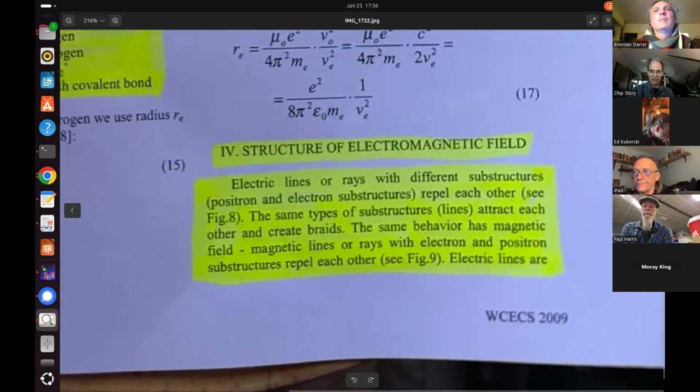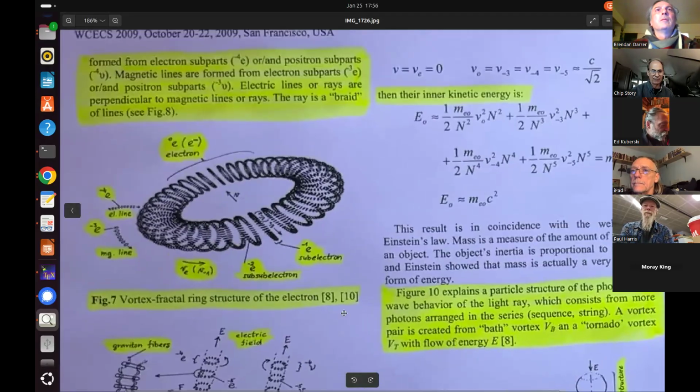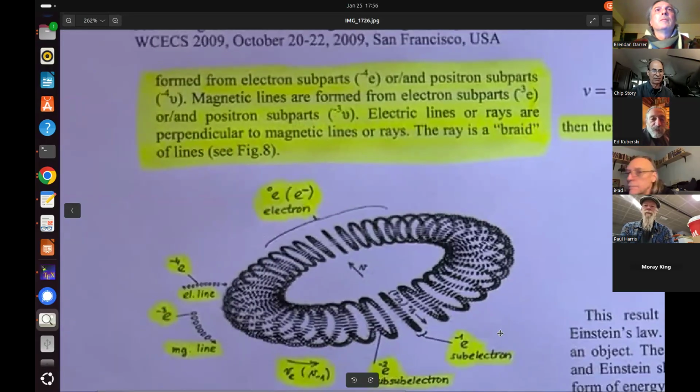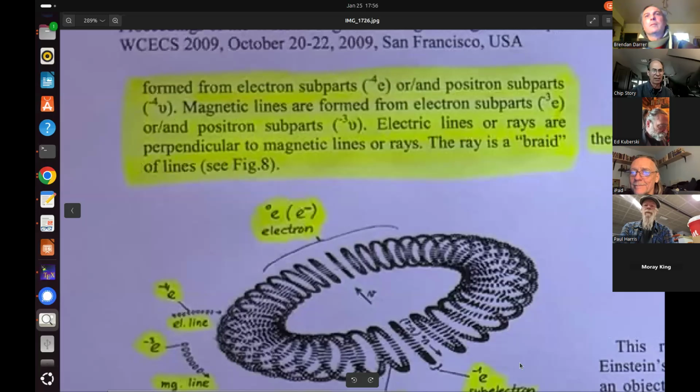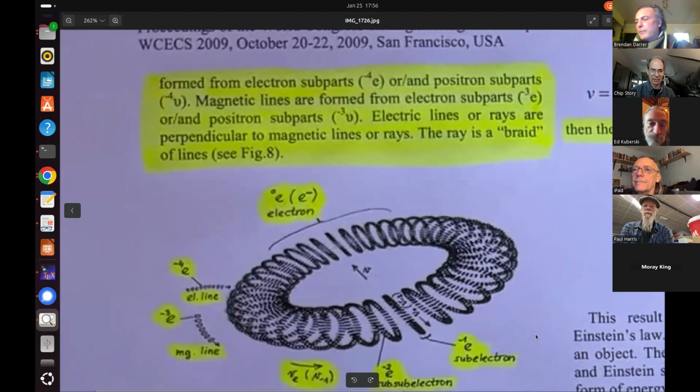Electric lines, going to the next page. This is where the magic starts. Figure 7, yes. Magnetic lines form from electron subparts or positron subparts. We'll just try to get the main gist out of this. All right, so now he's getting down into what appear to be subquantum levels with the subparts, subatomic.